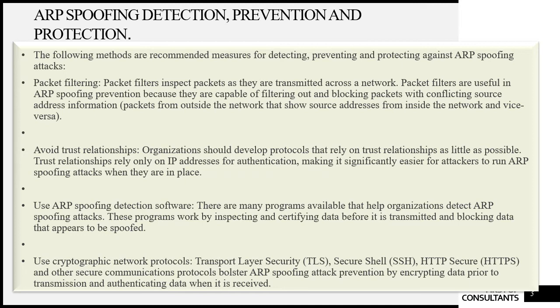Another form of detecting ARP spoofing is use cryptographic network protocols. Transport Layer Security, that's TLS, Secure Shell, HTTP Secure, and other secure communication protocols bolster ARP spoofing attack prevention by encrypting data prior to transmission and authenticating data when it is received.